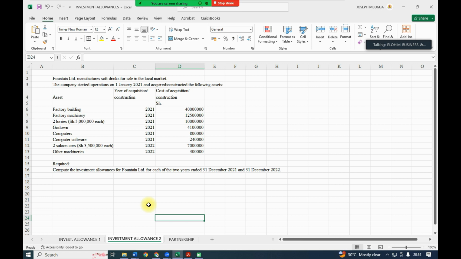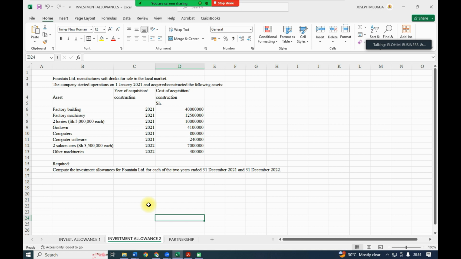We start with that one. And this workbook has a question on partnership. Those are part of the questions that you will attempt. So today we are just dealing with investment allowances or capital allowances.